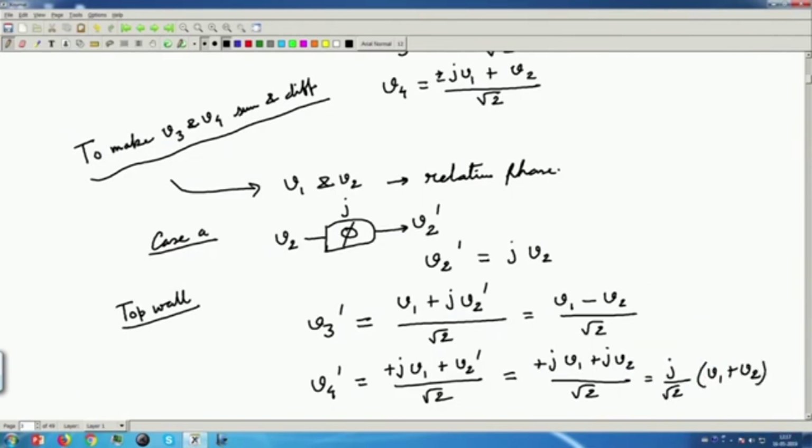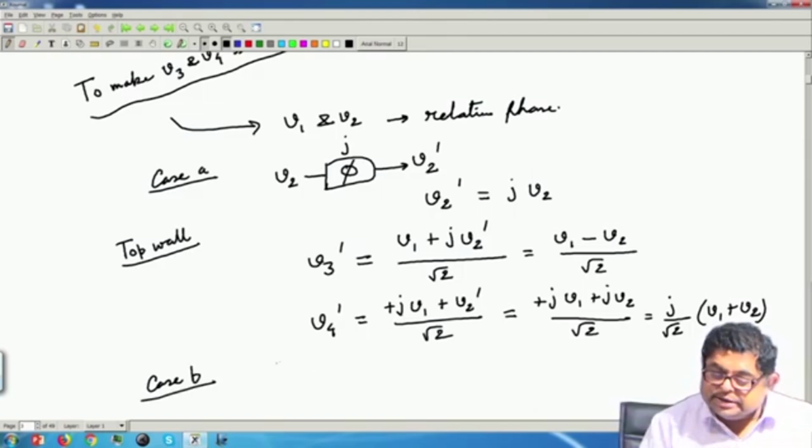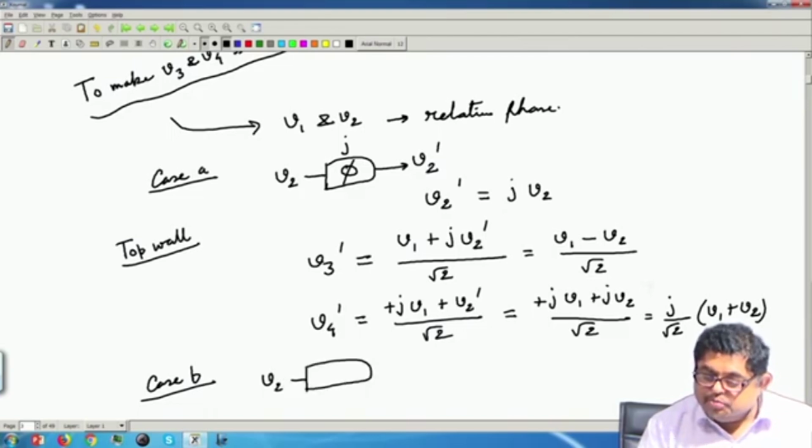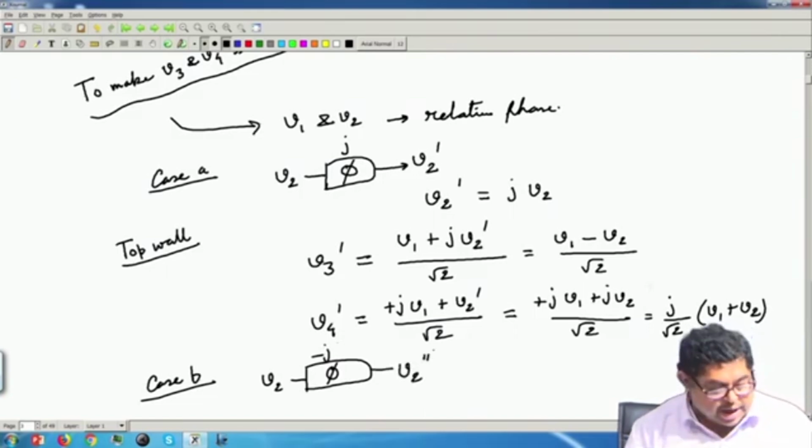You see, now, if I have this relative phase between V1 and V2 of 90 degrees, then the third port is giving me the difference and the fourth port is giving me the sum. Now, there can be other choices also. You can see that if I have case B, then let us say that the picture is V2, then we put a phase shifter, but here it is minus J, and let us call that V2 double dashed.